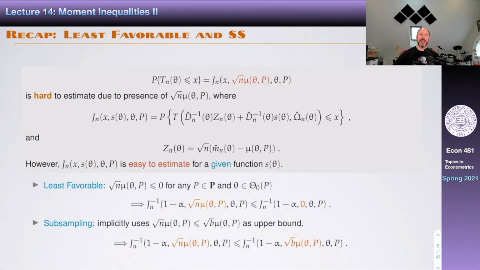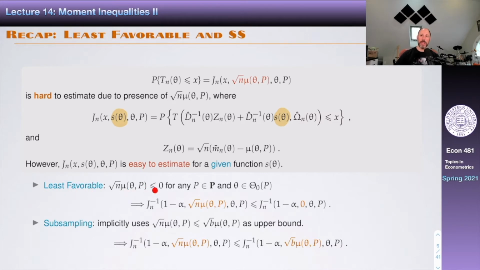What's the idea behind least favorable and subsampling? Well, again, the probability distribution of the true test statistic, the one we would love, is the distribution at square root n mu. We just saw that, okay? This is hard, so we're going to use this one with a function S. I highlight here, we're using S. And so in the least favorable case, we know that square root n mu is less than or equal to 0, because that's what the model says, right?